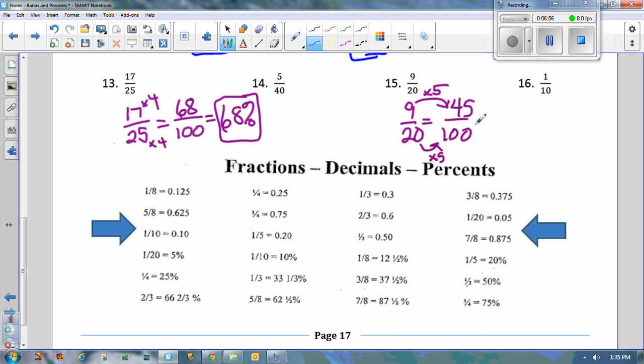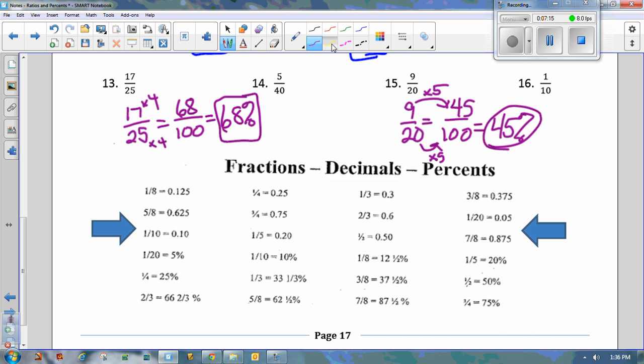I end up with 45 over 100. Anything over 100 is a percent, so I end up with 45%. So 9/20 is equivalent to 45%. I want you to pause the video, take a minute, and solve number 14 and number 16.